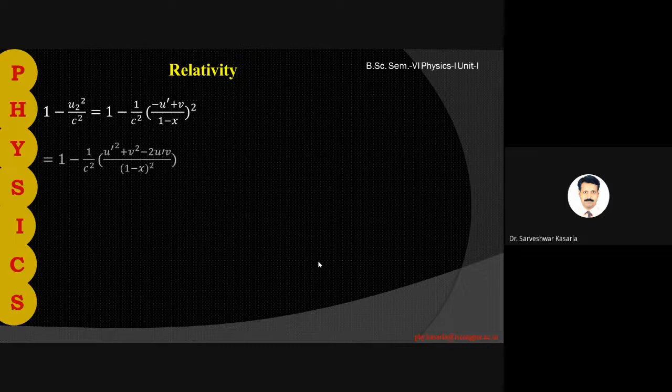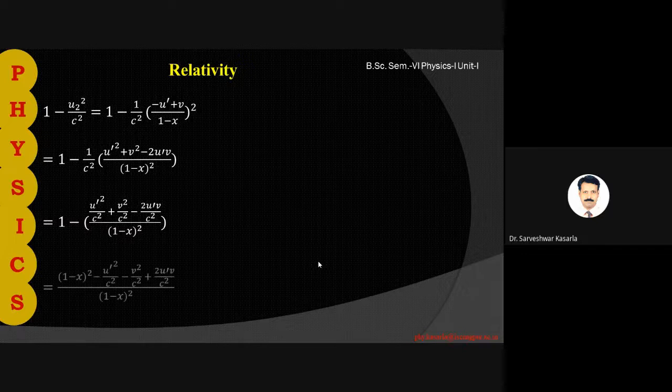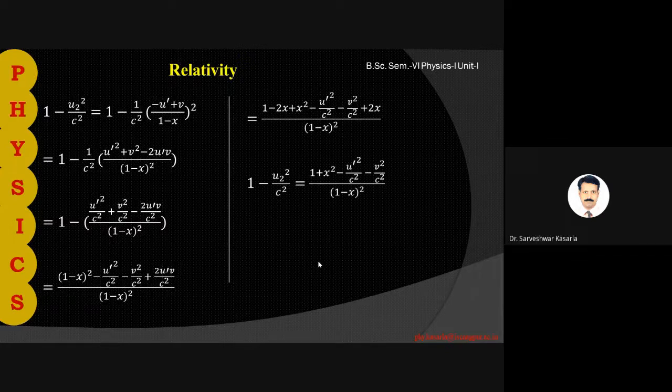If you solve this as we have solved for 1 minus u1 square upon c square, there is again a cancellation of 2x in the numerator, and you will get 1 minus u2 square upon c square is equal to (1 plus x square minus u dash square upon c square minus v square upon c square) upon (1 minus x) square.